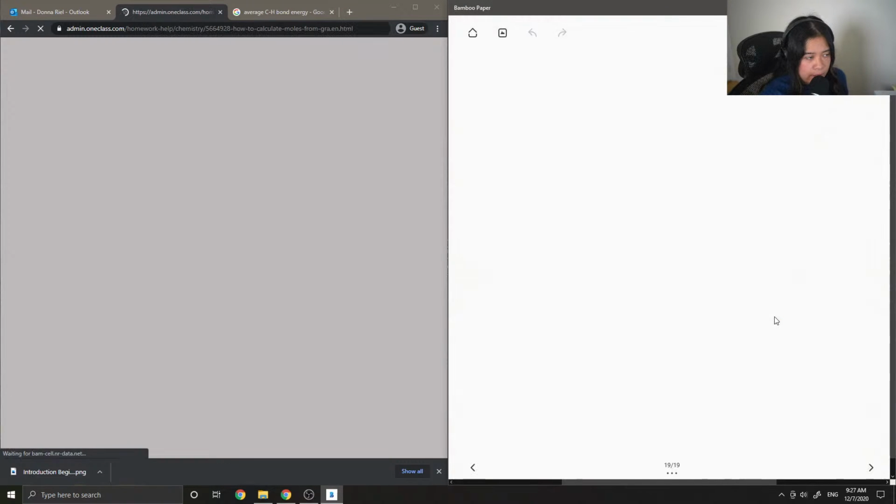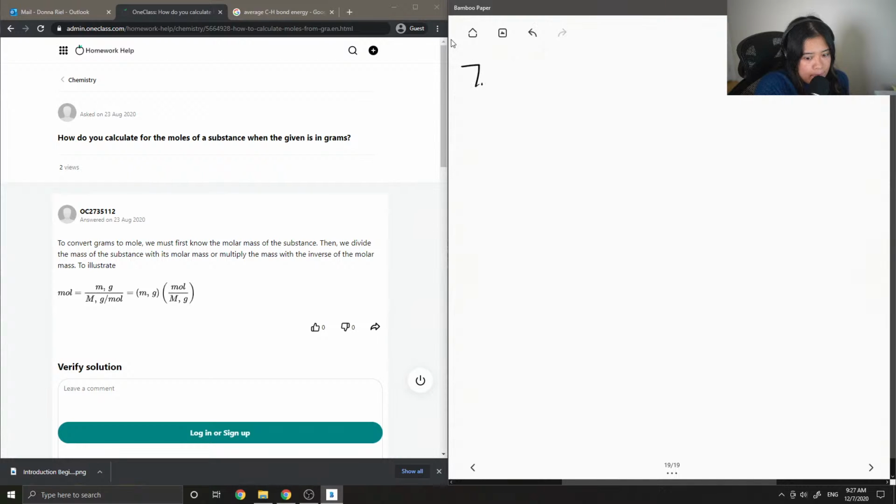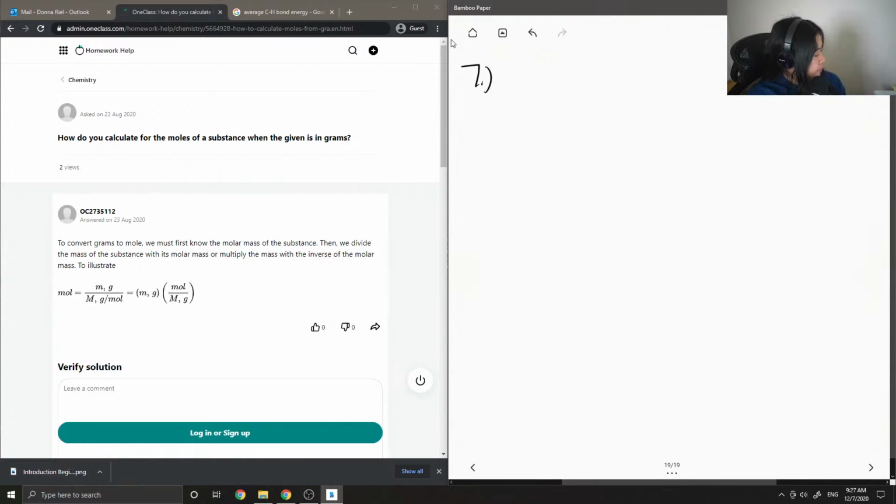Okay, so on to question number 7. How do you calculate the moles of a substance when given its grams? Let's recall that the number of moles is equal to mass over molar mass.